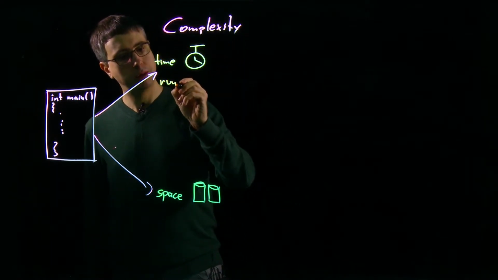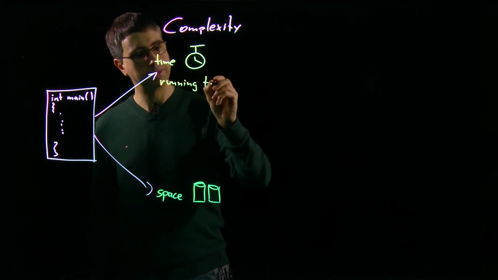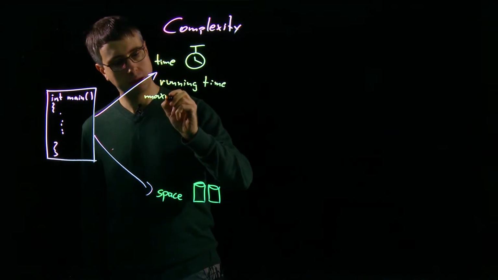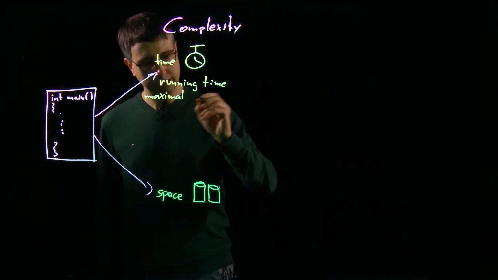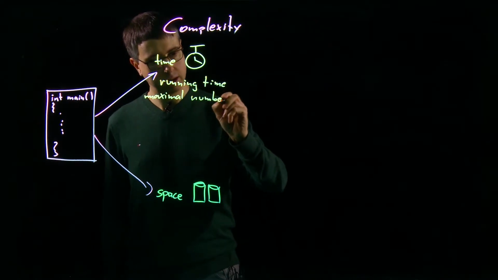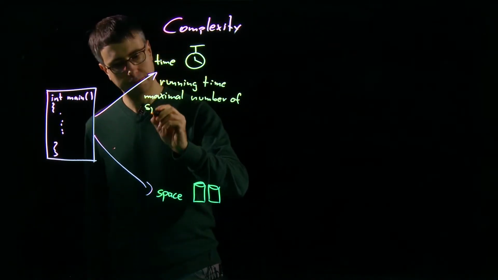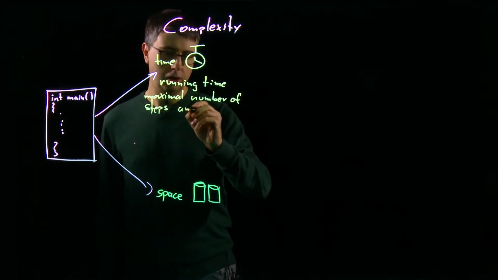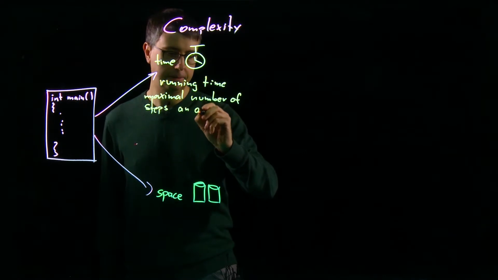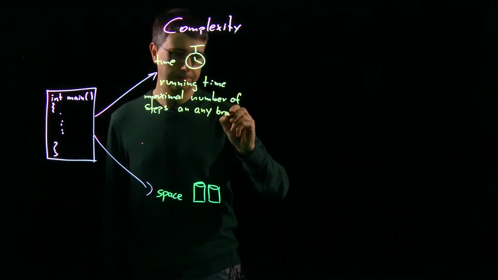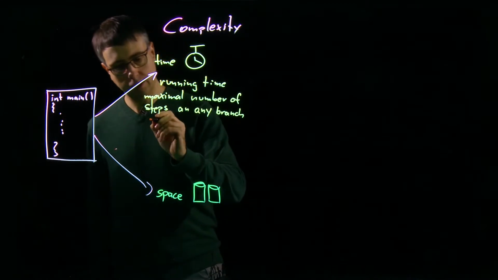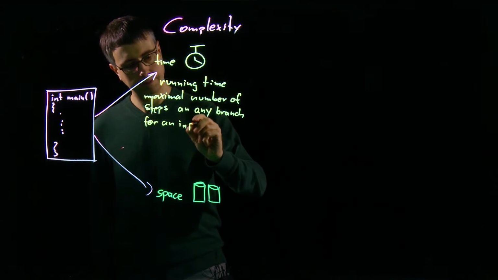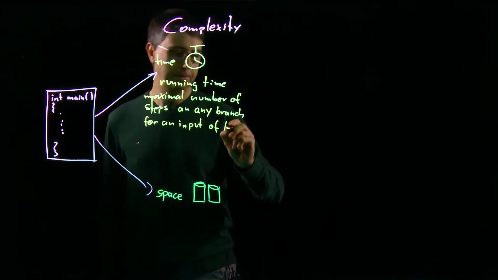The running time is the maximal number of steps on any branch for an input of length n.